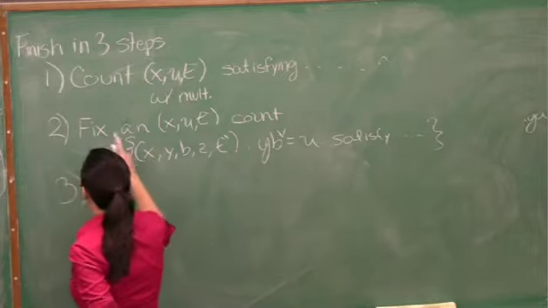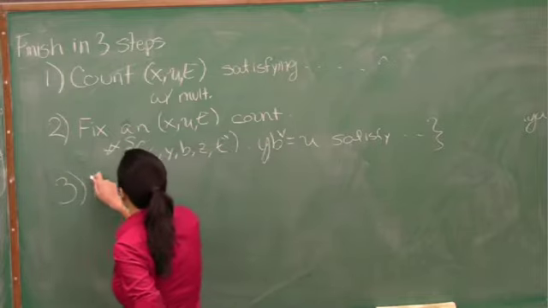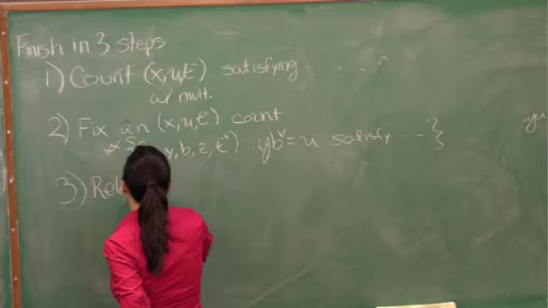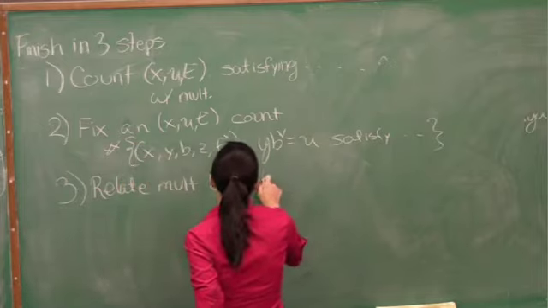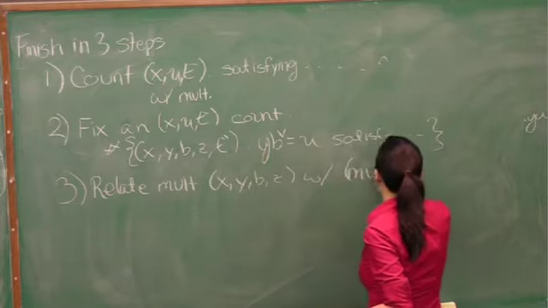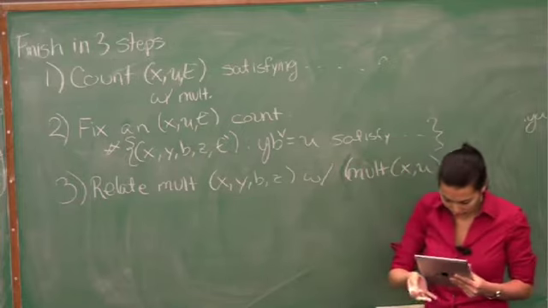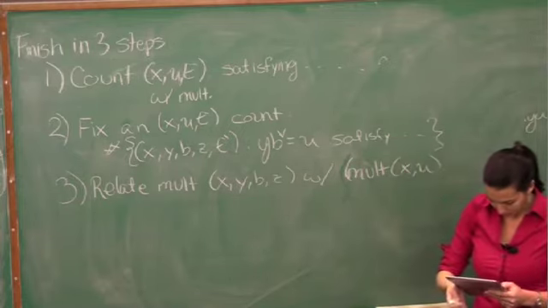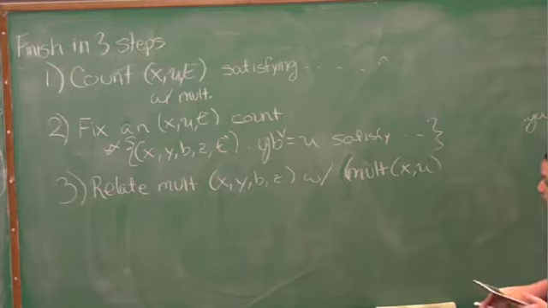And then the last one, so that just gives you the count, but then you need to relate the multiplicity. So relate the multiplicity of this 4-tuple x, y, b, z with the multiplicity of just the endomorphisms. Okay, so I will try to give a sketch of each of these.